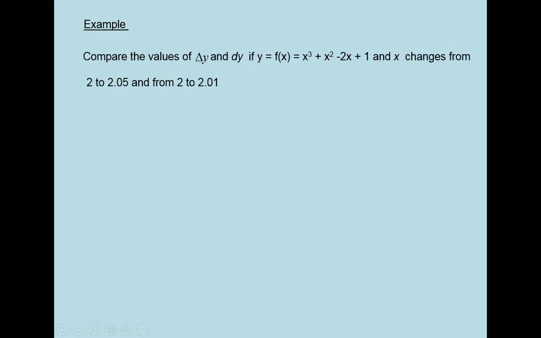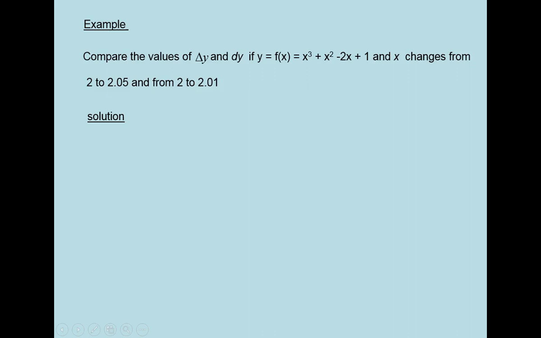Compare the values of delta y and dy. So we have our function, and it gives us a change in the x value from 2 to 2.05, and then again from 2 to 2.01. So if we want to find delta y, the actual change in the y value, we're going to start at x equals 2 to x equals 2.05.